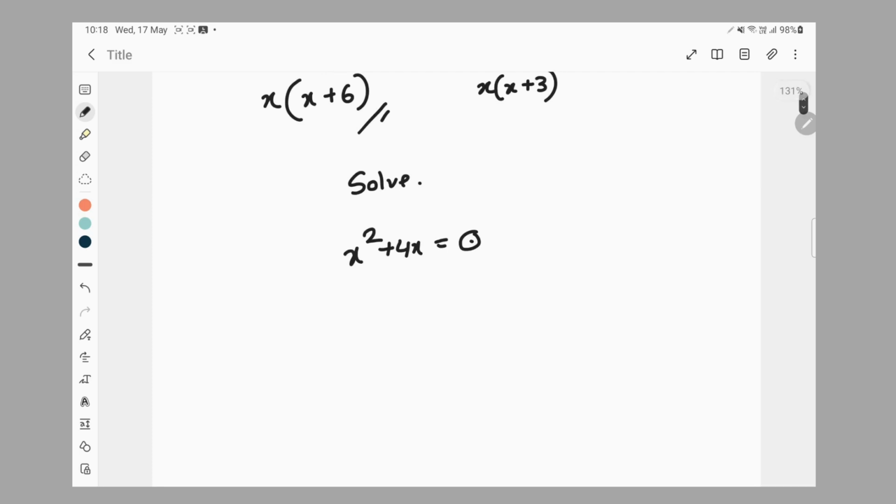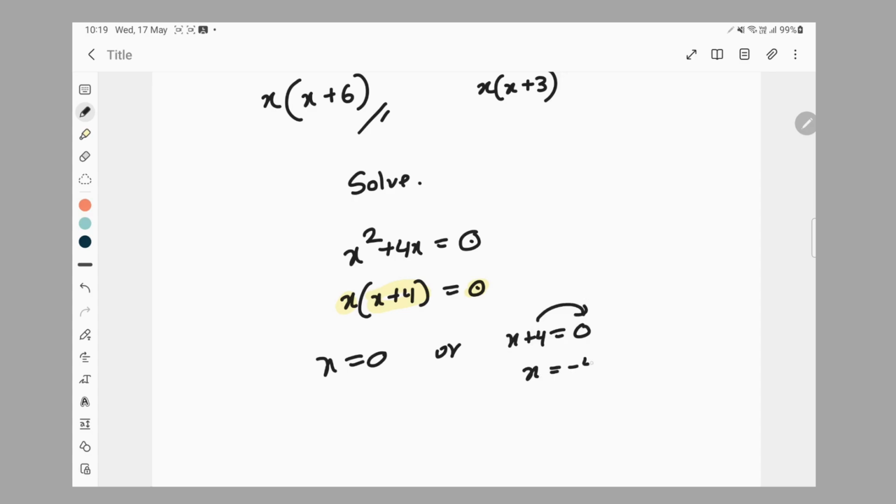Always remember, in a quadratic type of equation or x squared type, you always have two answers. So you can factorize as usual, x times x plus 4 equals 0, and you can equate this x to 0 or this bracket to 0. Which means if you take the 4 to the other side, you get minus 4.